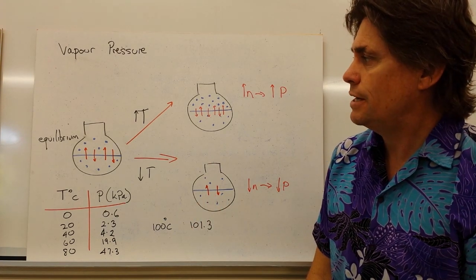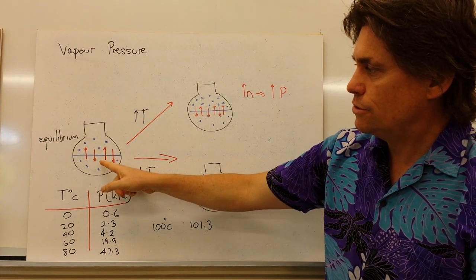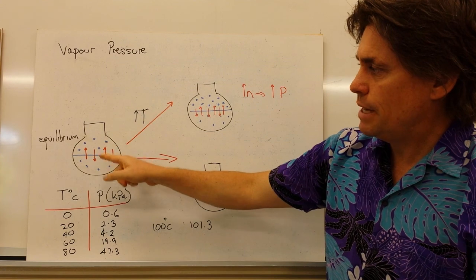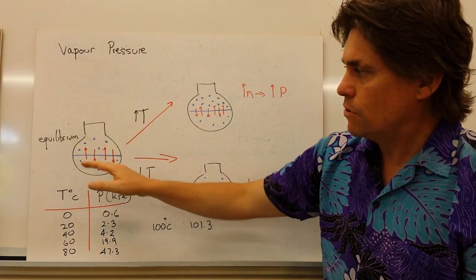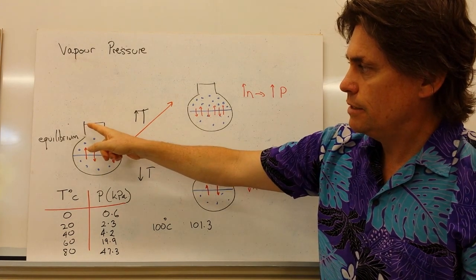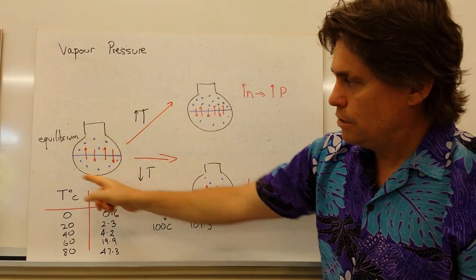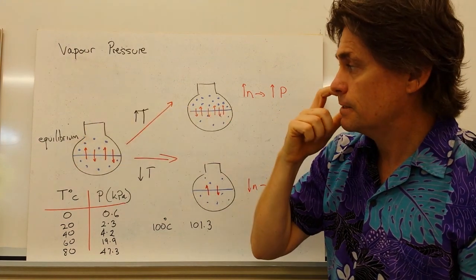Vapour pressure is a measure of the pressure that relates to a liquid becoming a gas and a gas becoming a liquid. In my first diagram here, I've got a system that's in equilibrium. It's at a given temperature. It's a closed system, so the pressure generated inside is separate from the pressure outside.